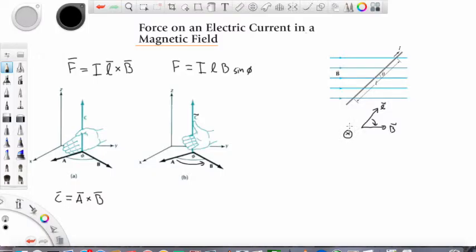And that is the symbol for that. So that's the direction of our force in this case. The magnitude would be I times L times B, and then the sine of the angle between these two vectors, which in this case is theta.